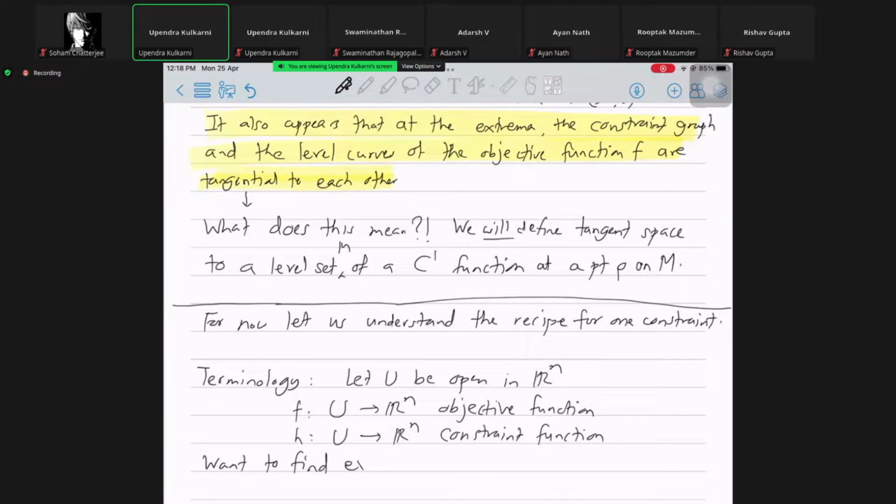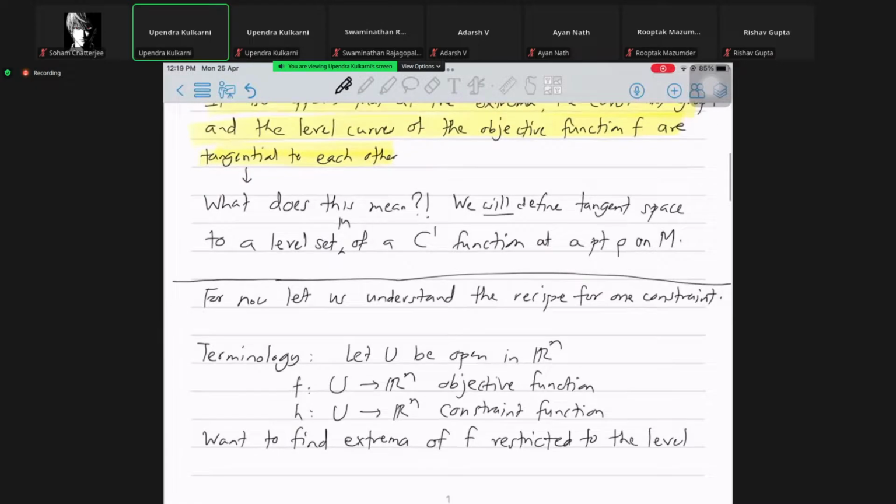We want to find extrema of f restricted to the level set M, which is defined to be x in U such that h of x is some c.